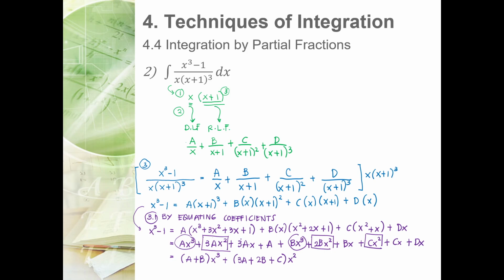Next are your x terms: 3Ax, Bx, Cx, and Dx, so plus (3A plus B plus C plus D) times x. Then the only term remaining is your constant, which is just A.